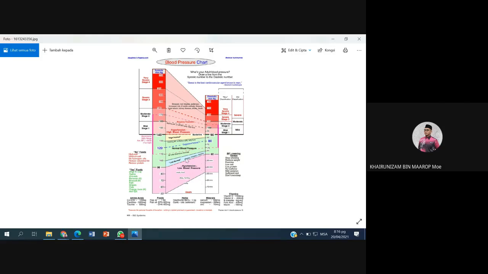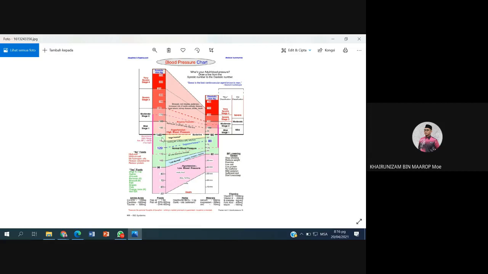If you look at the light blue color, it is the normal reading for athlete children. So below 100 for the systolic, and the diastolic is below 65.